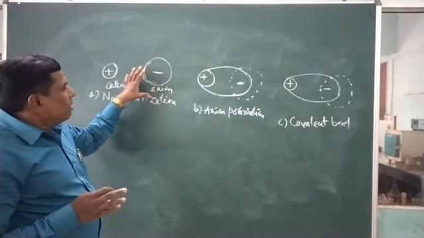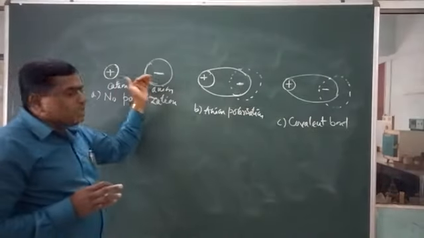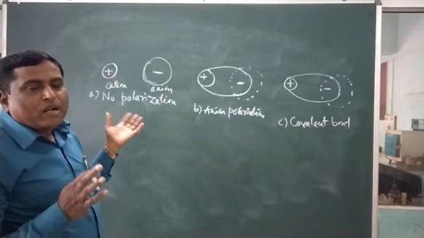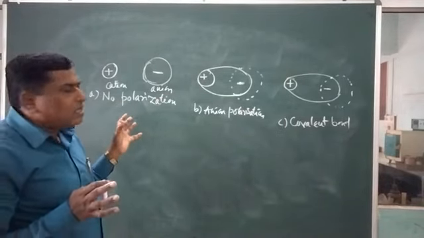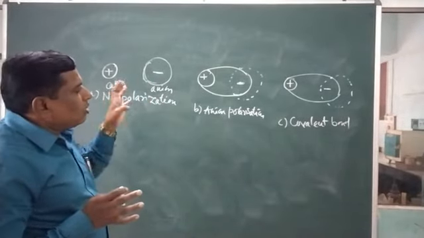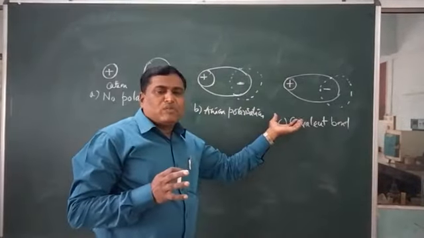Once the anion is polarized by the cation, this process is called polarization. When polarization takes place, a neutralization process occurs, and at that time a covalent bond forms.